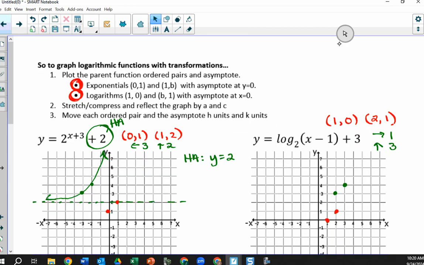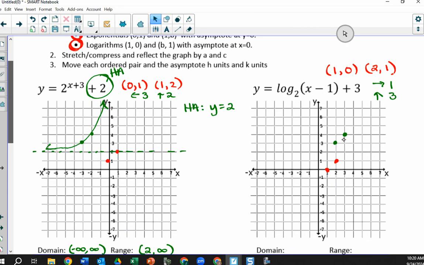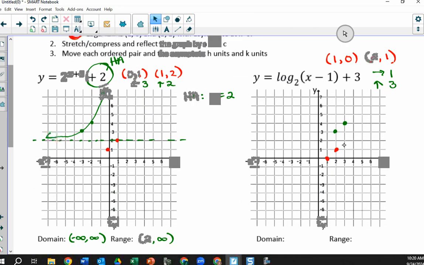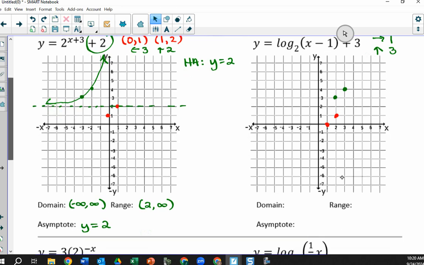It's not to the right 3, it's the thing in the parentheses, whereas for the other thing, the 3 is up. It's to the right one. In the parentheses is always the horizontal shift, which impacts your asymptote this time.